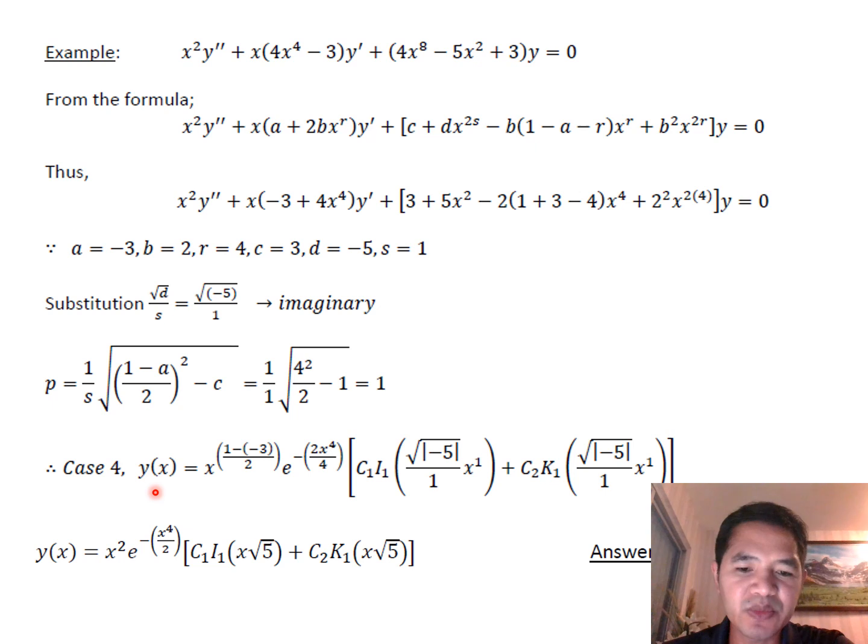So in this case we can write Zp as I and K, and the subscript here is p equal to 1, right?